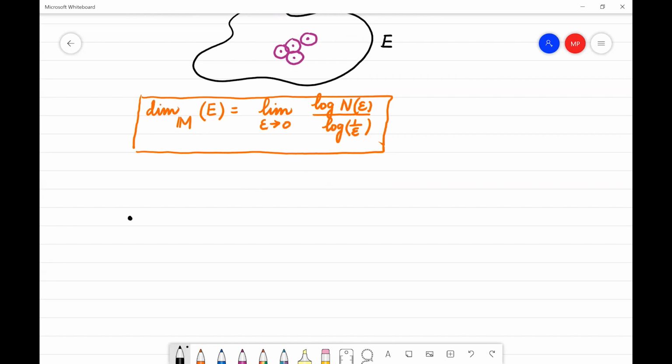So the second one, and this is probably one of the most heavily used notions, is the notion of Hausdorff dimension. And there are many equivalent formulations of this concept.